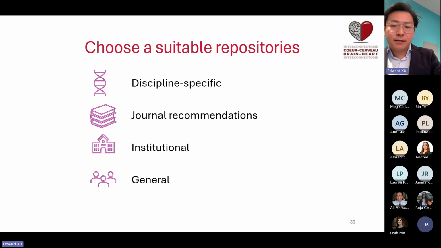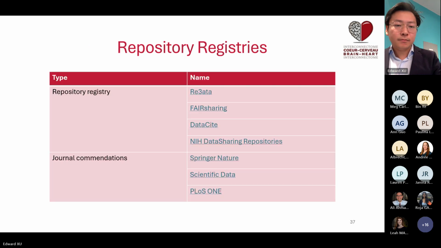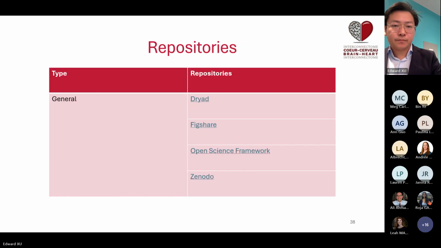And we would also recommend you use institutional repositories, because these provide the added advantage of compliance with both your local government and your institutional regulations. They also ensure long-term storage and have institutional support as well. So these are a list of general repositories.